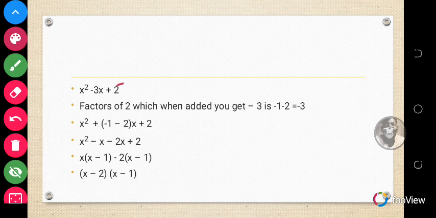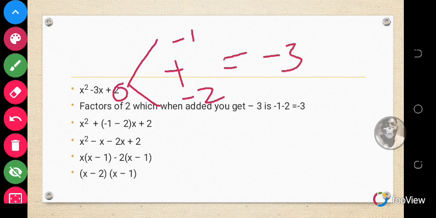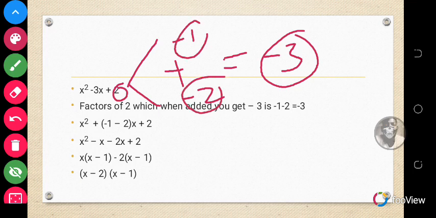Okay, so the factors that when you add you are going to get, you have -1 and -2. So when you add -1 and -2 you are actually going to get -3. Because -3 is the same as -1 plus -2, you are going to replace the -3 here by this.